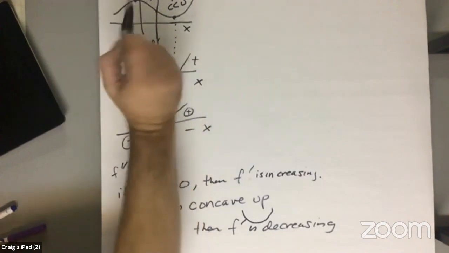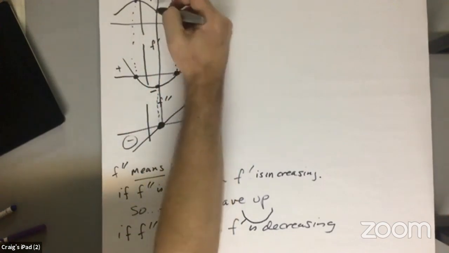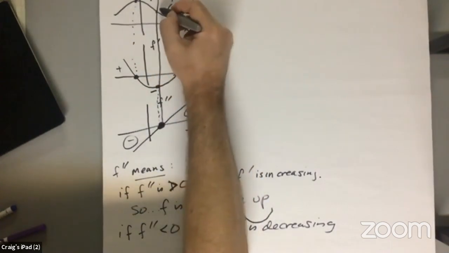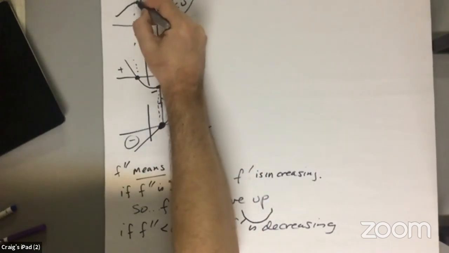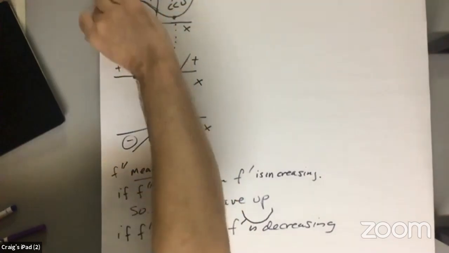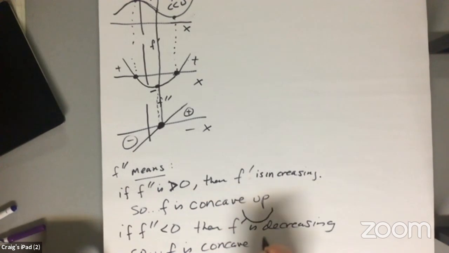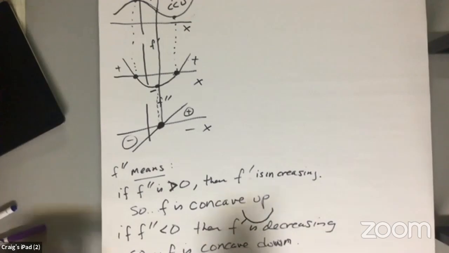So from here to here the slope is going from positive to 0 to negative. Where the slope is decreasing, f is concave down. And that concavity of the function is the second derivative's sign.